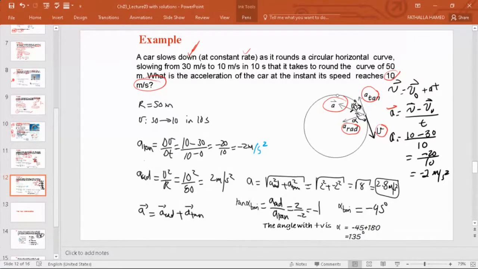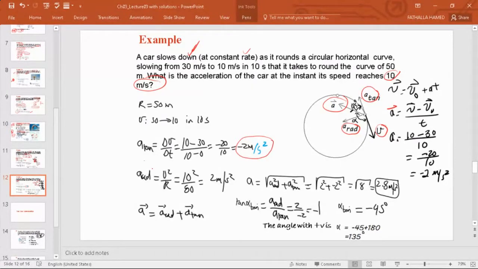You're going from 30 to 10, so the final is 10 and the initial is 30, so it's 10 minus 30 over 10, which gives you minus 20 over 10, and it will give you minus 2 meters per second squared. That's your tangential acceleration now.